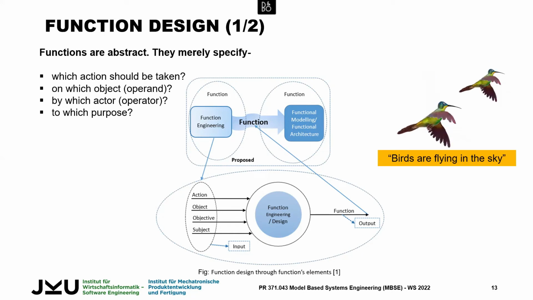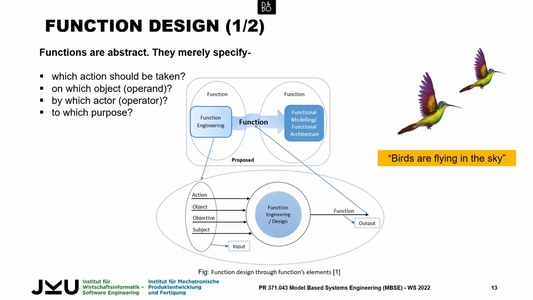So the model is supposed to be... I would take only one, for example, the first step: flying. What is the function here? Flying. Yes, so flying is the function, and in the sky is not the function. It is describing where the bird is flying. It's flying in the sky, right? But in the graphical presentation, do you think the birds are flying in the sky?